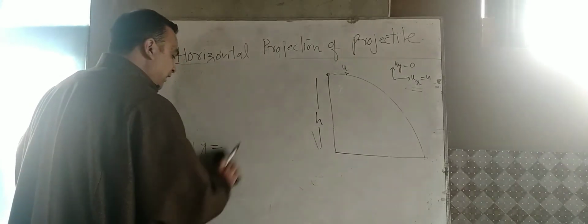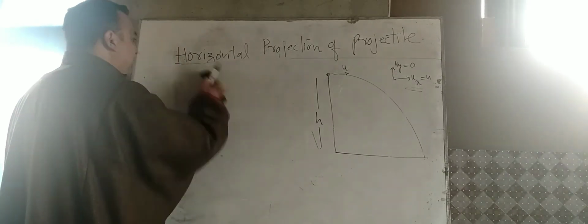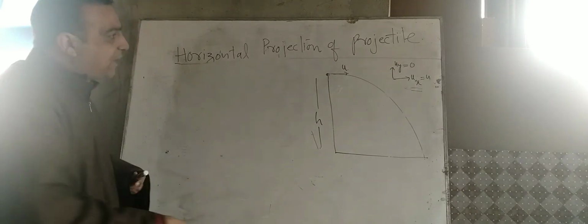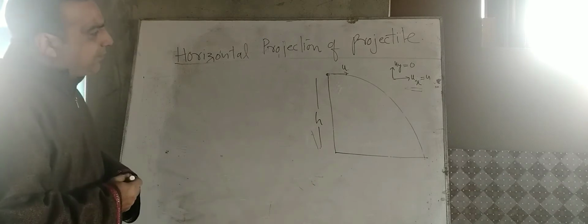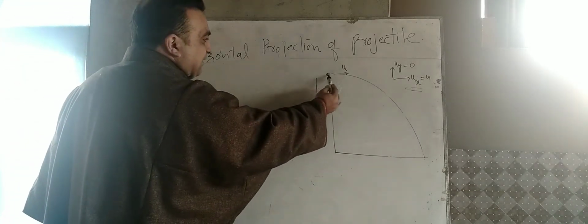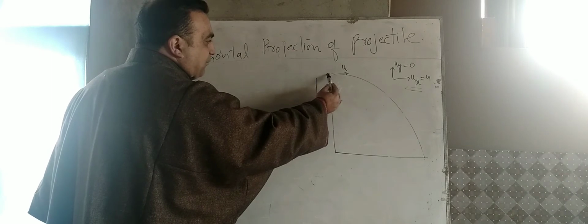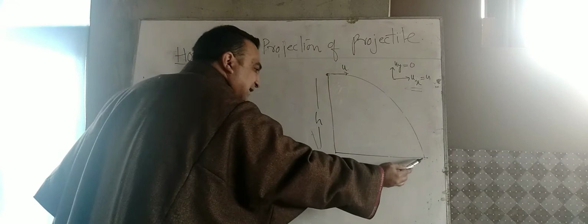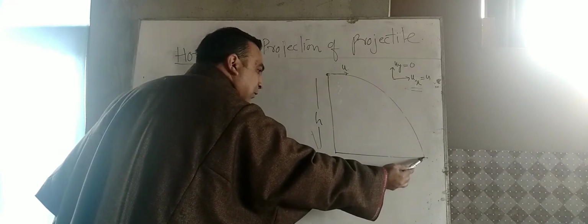Now, let's go with some more expressions that we have to achieve from this subject. The first thing: how much time will this projectile take from the point where it has been thrown to the point where it hits the ground?